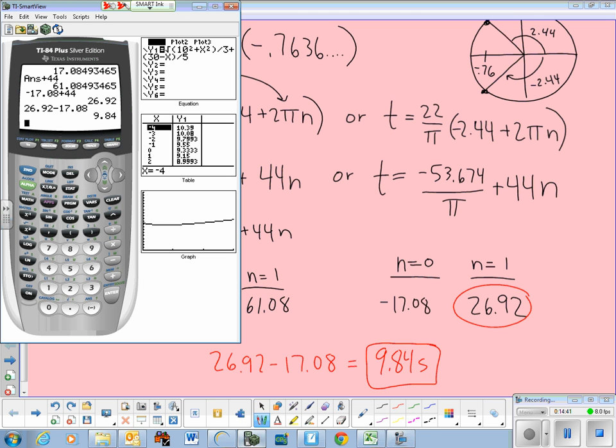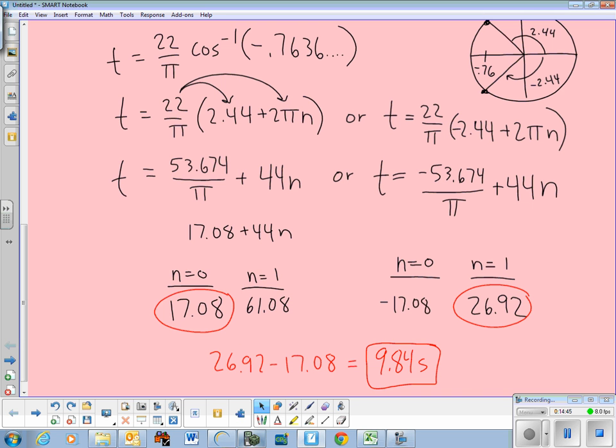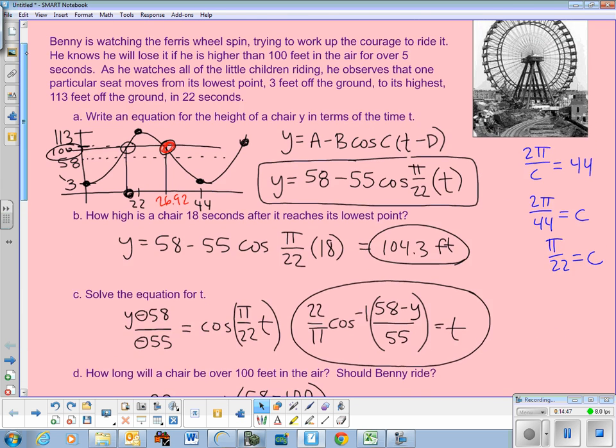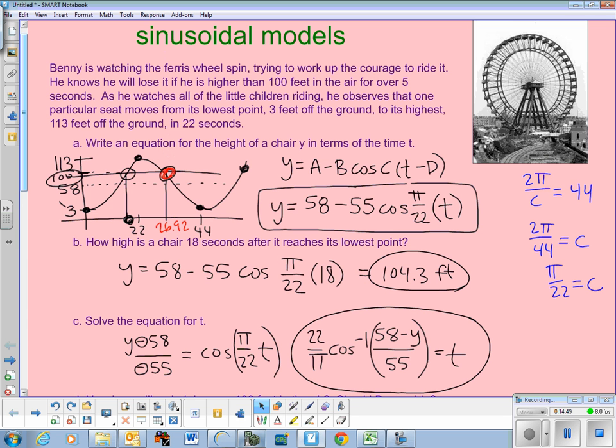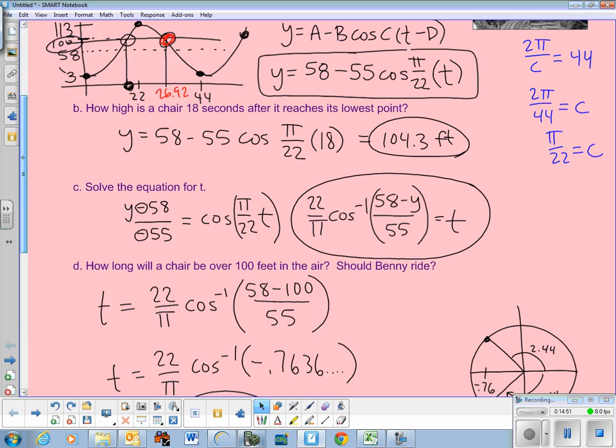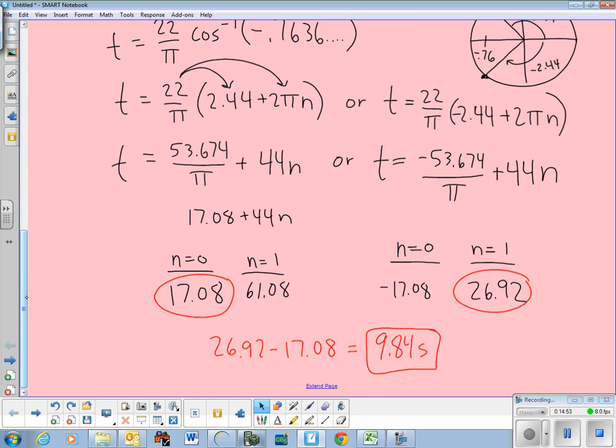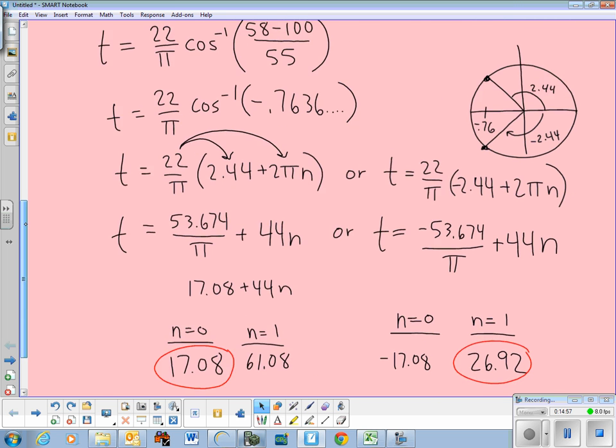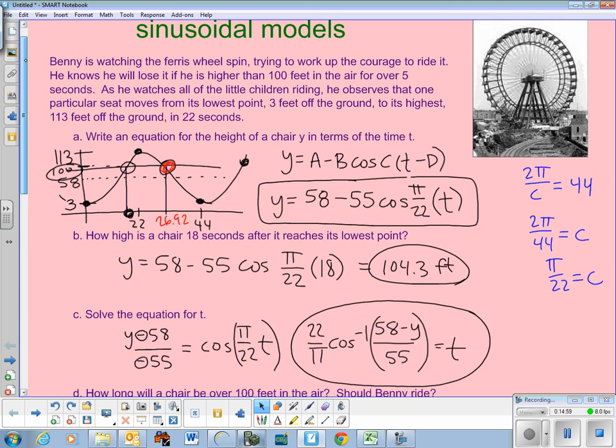That is the time which the height of this spinning wheel will be up above 100 feet. So if Benny can only last at that height for 5 seconds, he is not going to enjoy this ride. He's going to be up there for almost 10 seconds. We could also have, well, I'll leave that for another day.